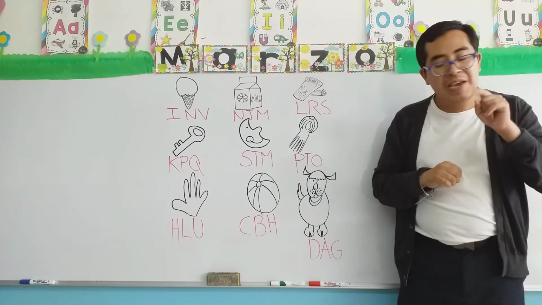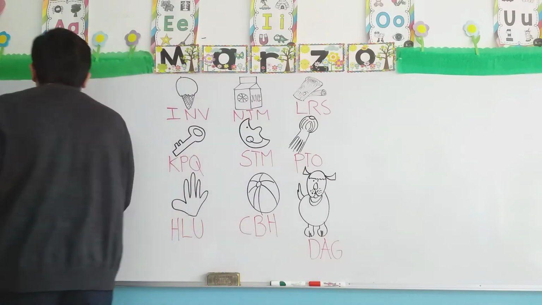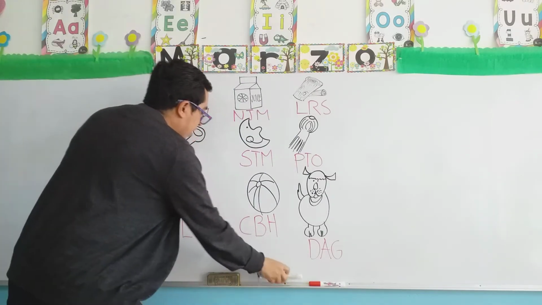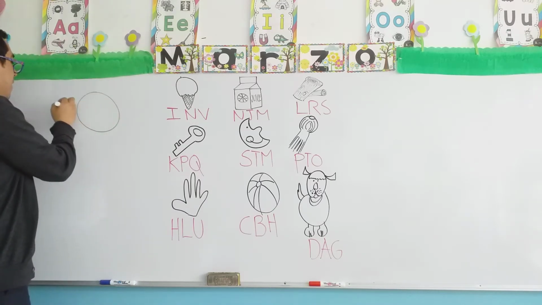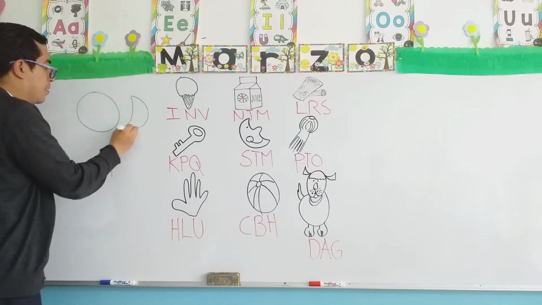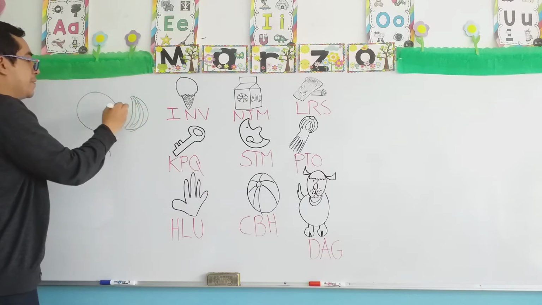Okay? For example, if we have this object right here, okay, si tenemos este objeto aquí, do you know what it is?